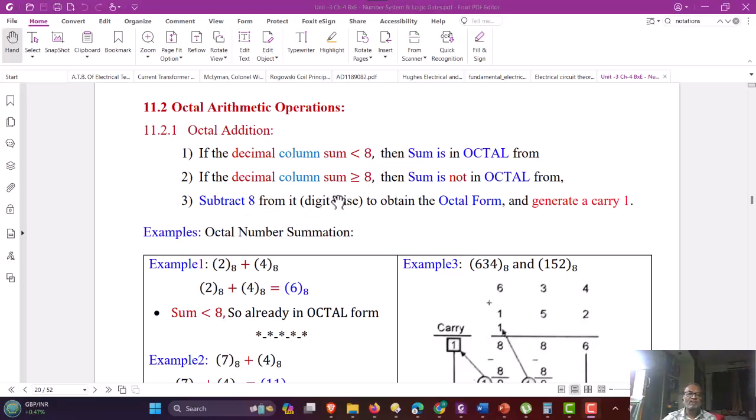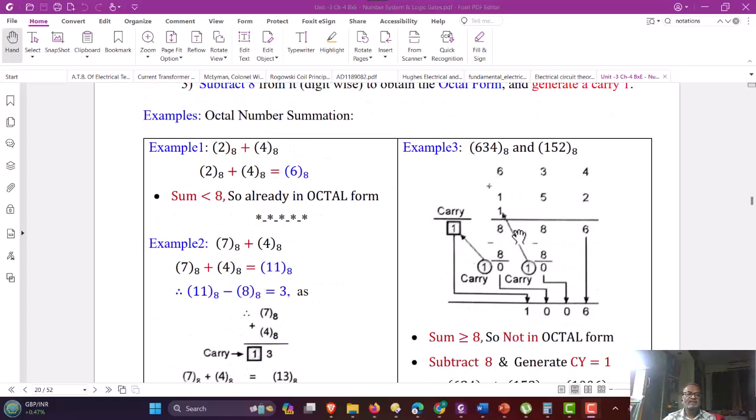If the decimal column sum is 8 or greater, then the sum will not be in the octal form, because in octal form the symbols used are 0 to 7. So 8 is not present in the octal. So anytime the summation results to 8 or higher, it is in the decimal form. So we have to subtract 8 from it to bring the decimal result to the octal form again and generate a carry. Let us see the example.